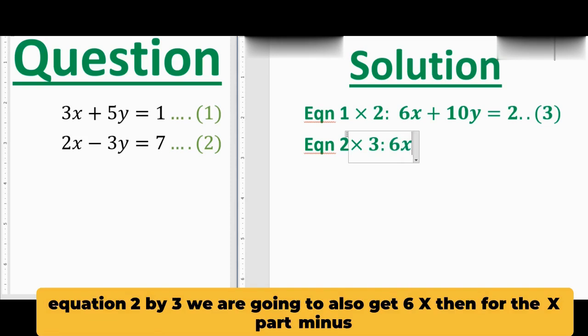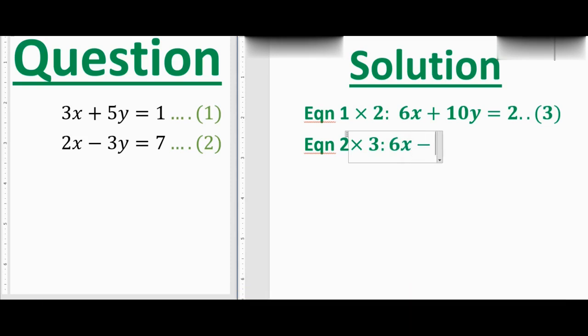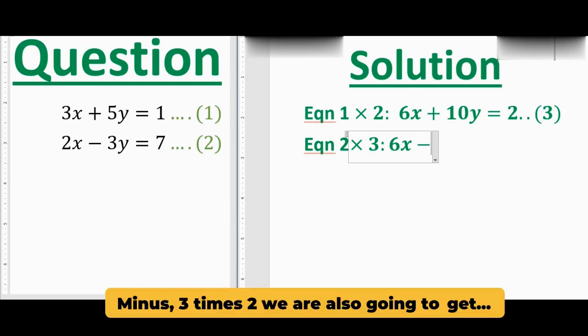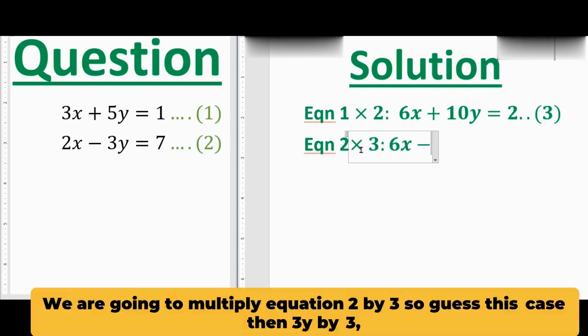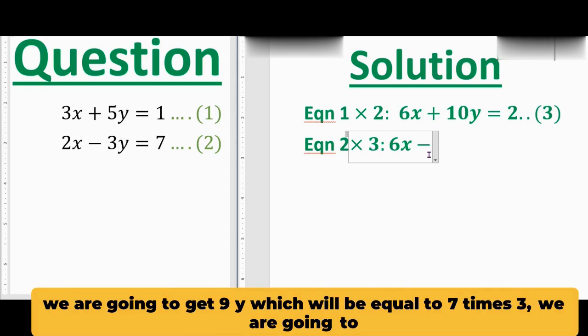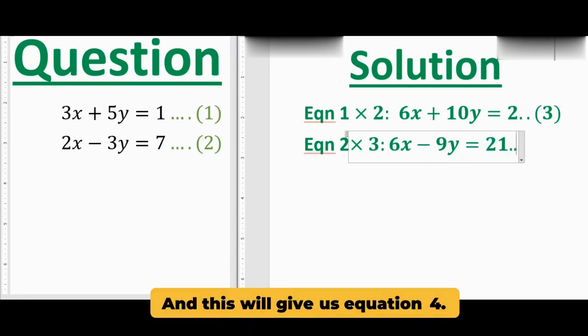Then minus 3y by 3, we are going to get 9y, which will be equal to 7 times 3, we are going to get 21. And this will give us equation 4.